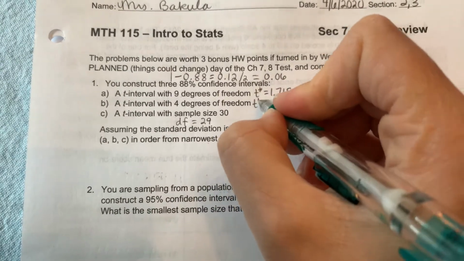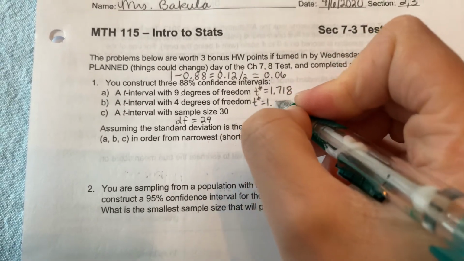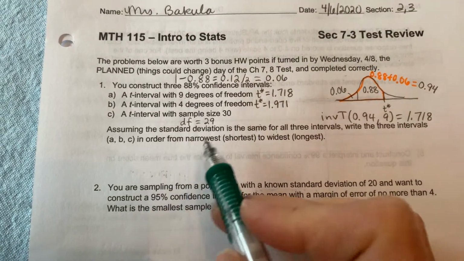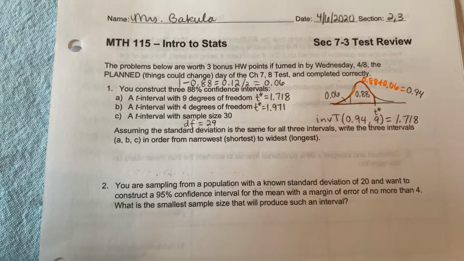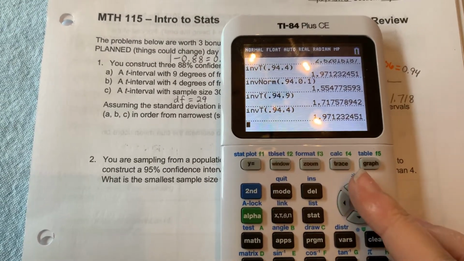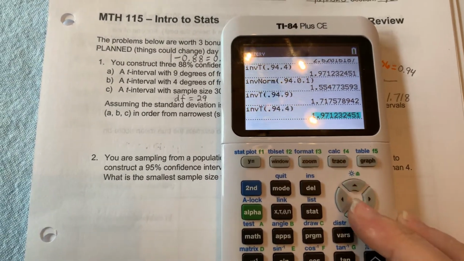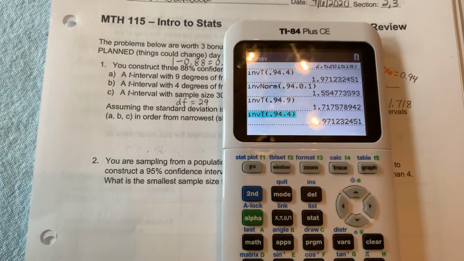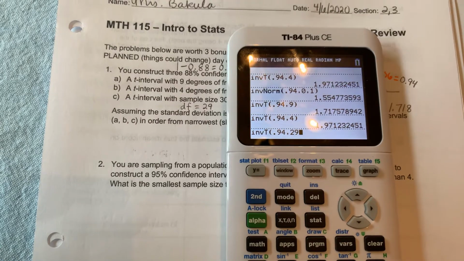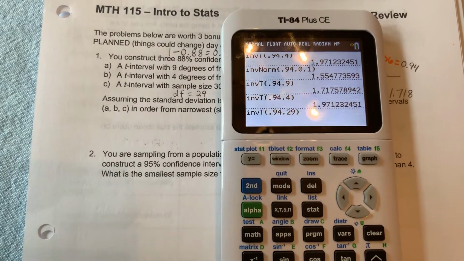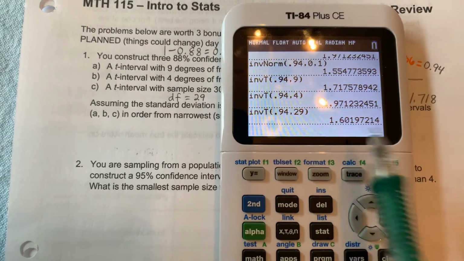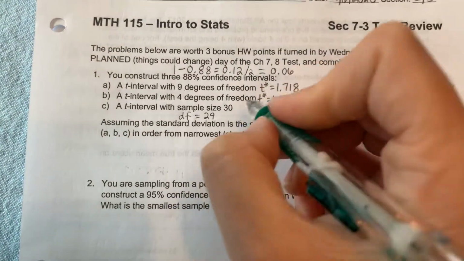So T star is equal to 1.971. Then finally, I have to do this for C, where our degrees of freedom are 29. So instead of going through the process of second distribution to get the function, since I've already got it up here, I can use my up arrow to select it, hit enter, and then just change that 4 to a 29, end my parentheses, hit enter, and I have 1.602 if I round to 3 decimal places.